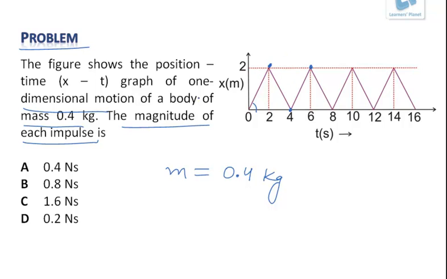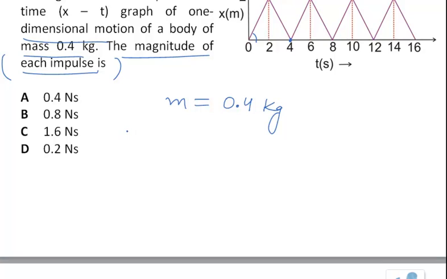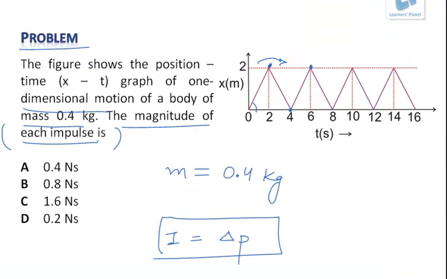Now this change in the speed results in the change in the magnitude of momentum, which in turn is responsible for the impulse. We know that impulse I is given by change in momentum p, that is delta p. Now we have to find out impulse at this point, this point, this point.